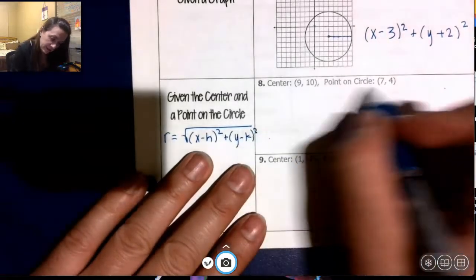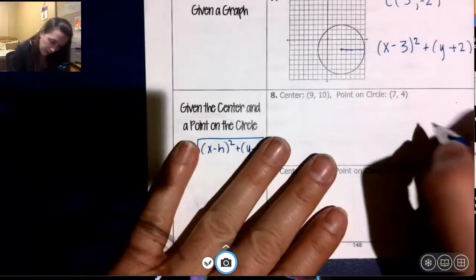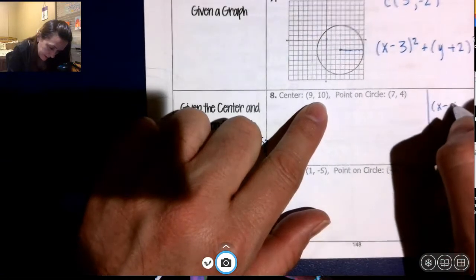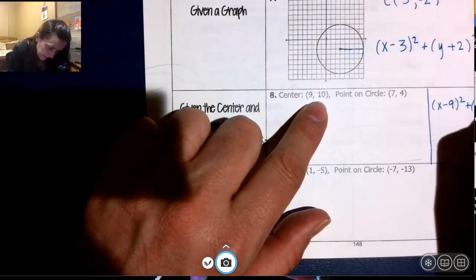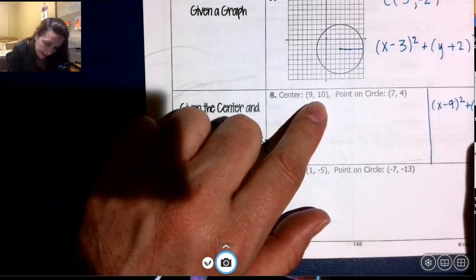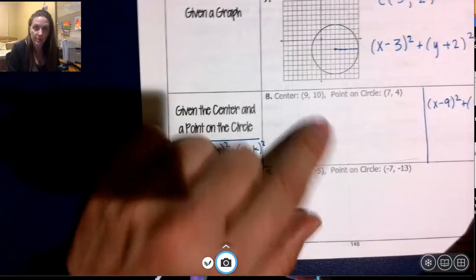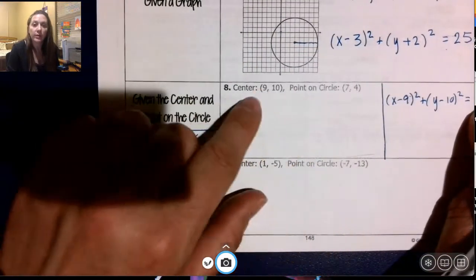If I'm going to write the equation, it's going to be x minus 9 squared plus y minus 10 squared. I need the radius to write the rest of the equation. So I need to calculate it.